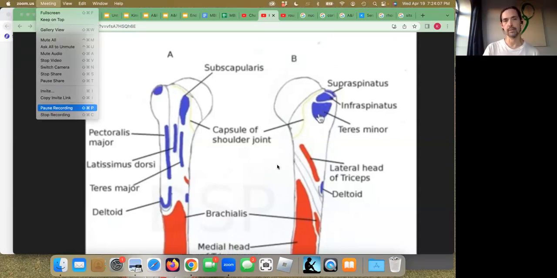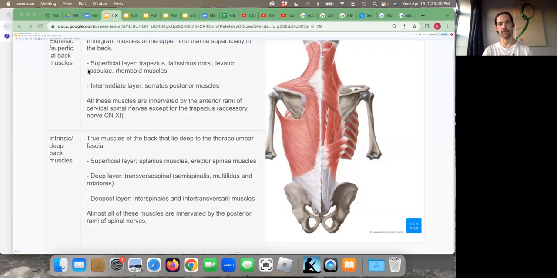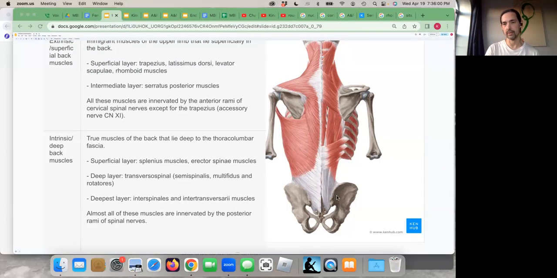So far we've done the extrinsic muscles of the back. Let's review that the extrinsic muscles begin on the arm and scapula. That's the upper limb, and then they migrate toward the spine. The intrinsic muscles, they begin and end on the spine. They also have attachments at the skull, the costa or the ribs, the ilium and the pelvis.